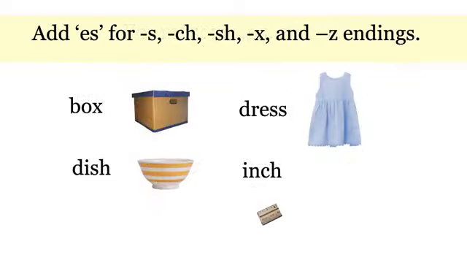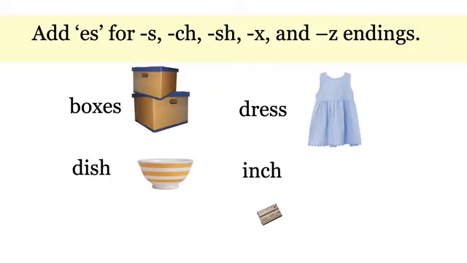Add ES for S, CH, SH, X, and Z endings. That means if the noun ends with a sound like s, sh, z, we need to add ES. Box ends with X, so we add ES and we get boxes. Dish ends with the sh sound.